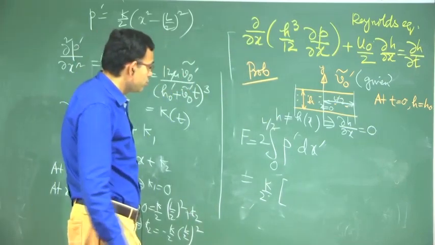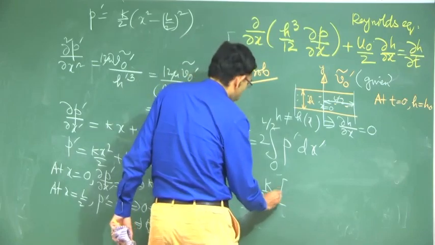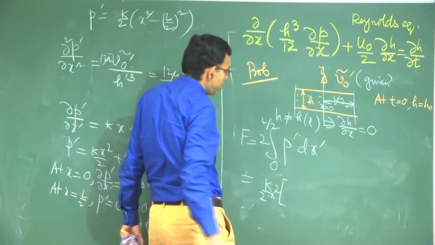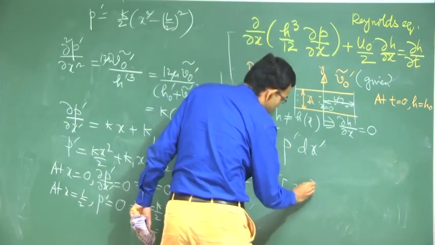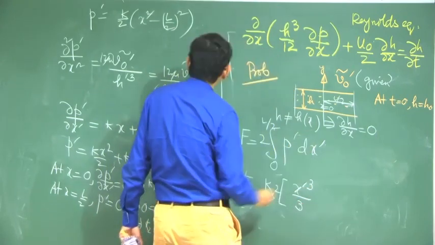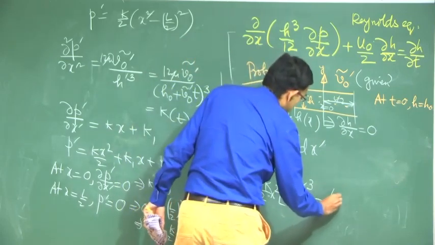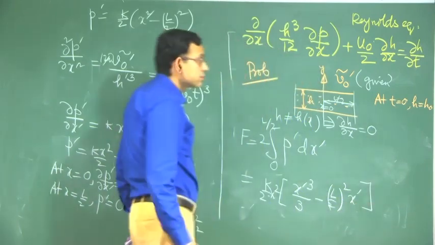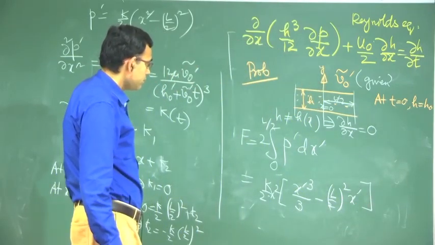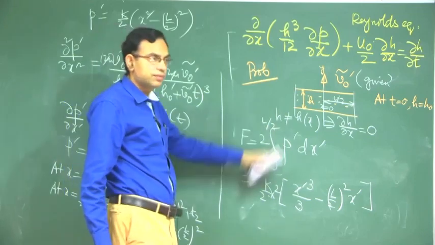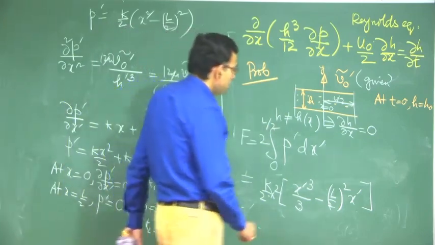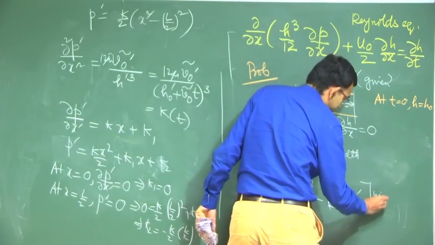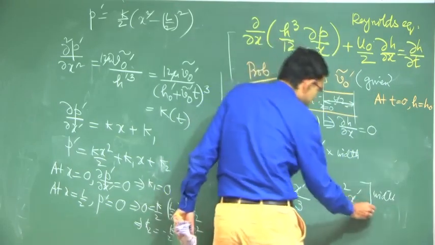So, k by 2 into 2 x square, this is x prime, x square is x prime cube by 3 minus L by 2 square into x. This is per unit width, right. Into width you can put if you want the width of the plate. So, this is 0 to L by 2.